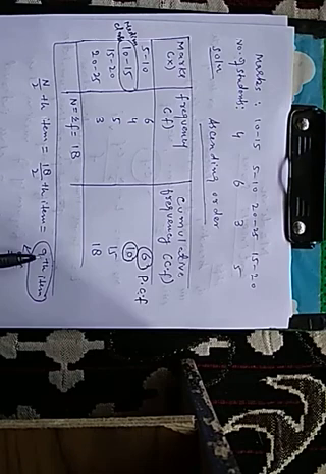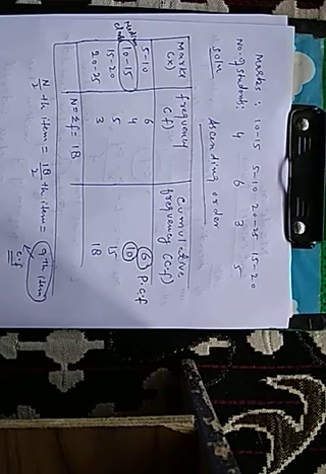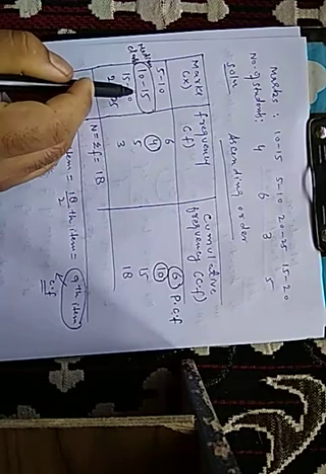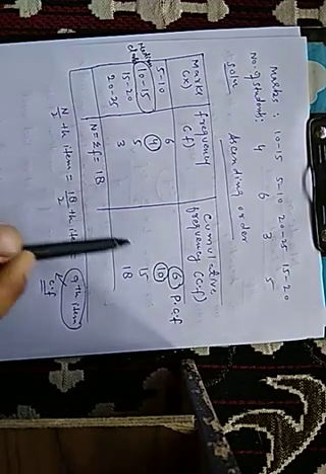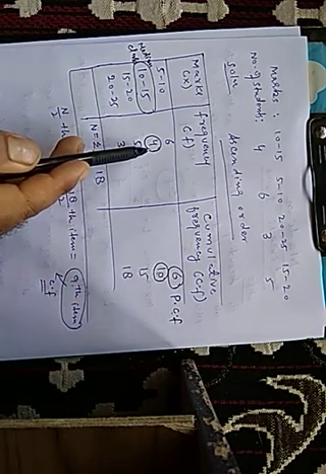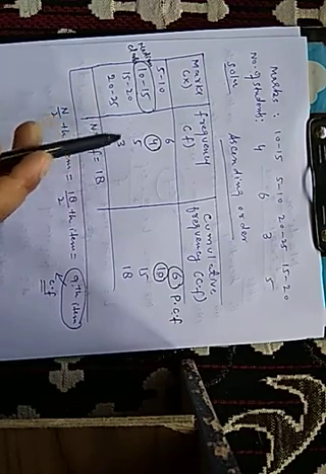This we locate on the basis of this value, which we have to find in terms of cumulative frequency. And this will be the frequency of the median class. So the median class is 10 to 15, and its frequency is 4.